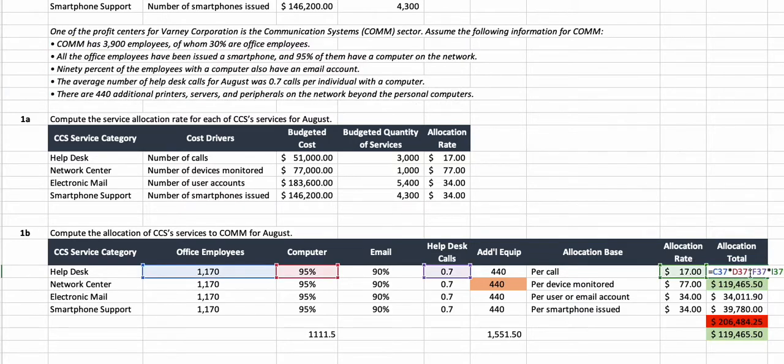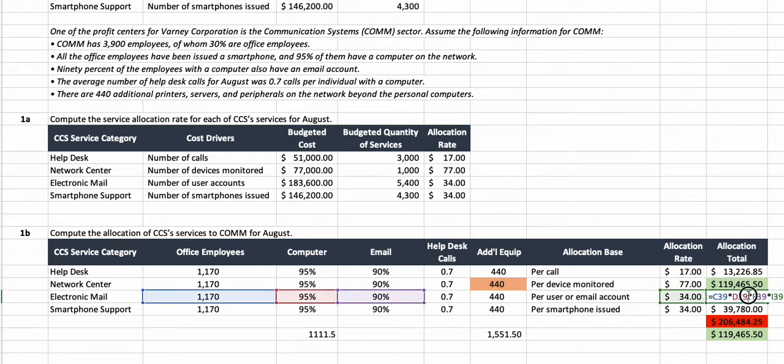So like I said, for the help desk, the information I needed were the office employees who had computers. For the network, I needed the office employees with computers, plus I had to add in the peripherals. With this one, I needed office employees with a computer and an email account.